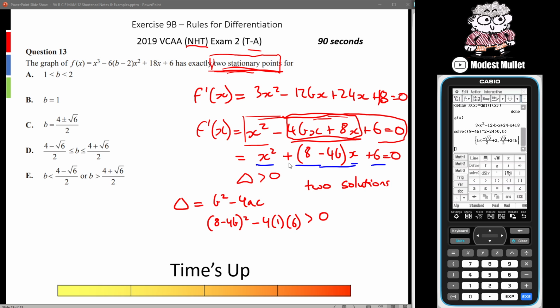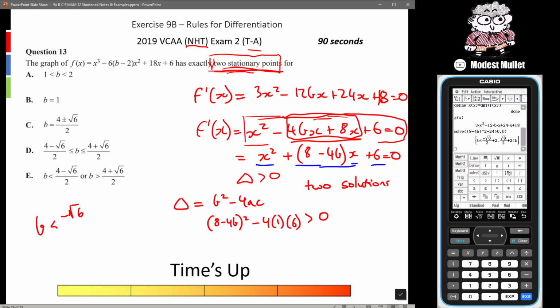This is one of those times where if you do use the CAS, you also then need to change the form of it. So we got b less than negative root 6 on 2 plus 2, which would be the same as plus 4 on 2, and the same on the other one.